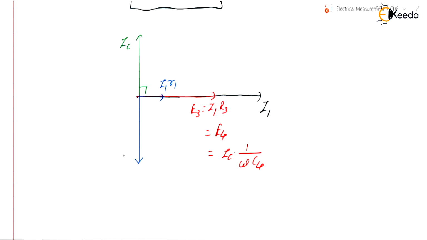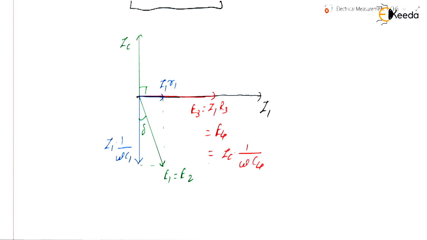The addition of these two phasors is nothing but E1, which is equal to E2. This angle is delta.